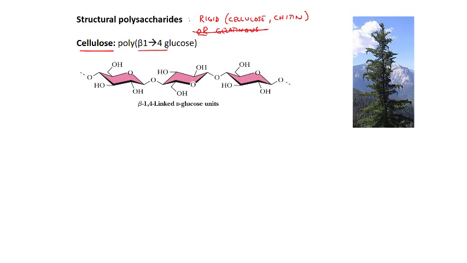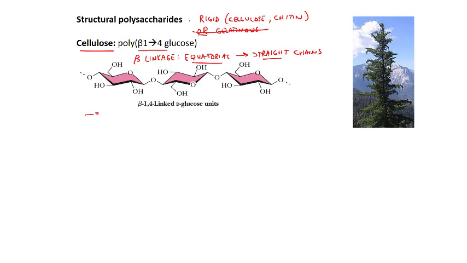Cellulose is poly beta 1,4 glucose. Because we have a beta glycosidic linkage, the beta linkage is equatorial. And because the beta linkage is equatorial, we don't have a helical conformation like you do with starch. Instead of a helical conformation, you end up with straight chains.